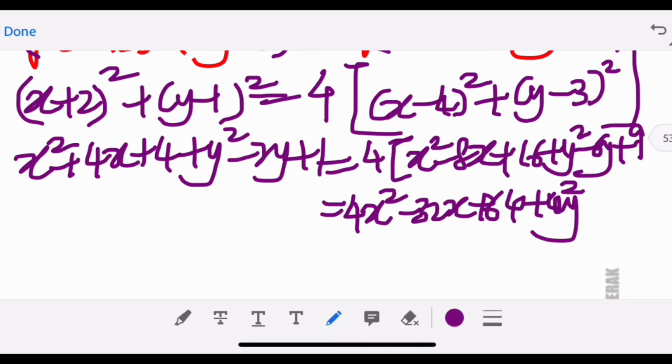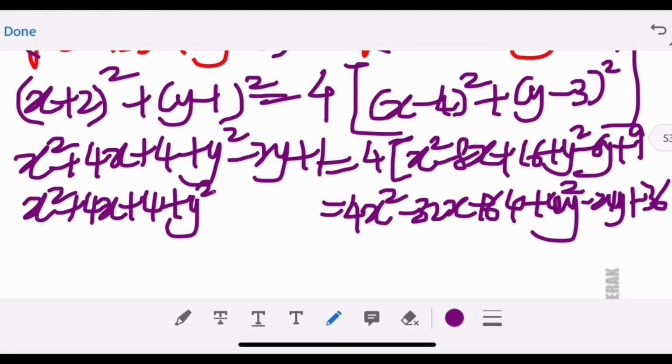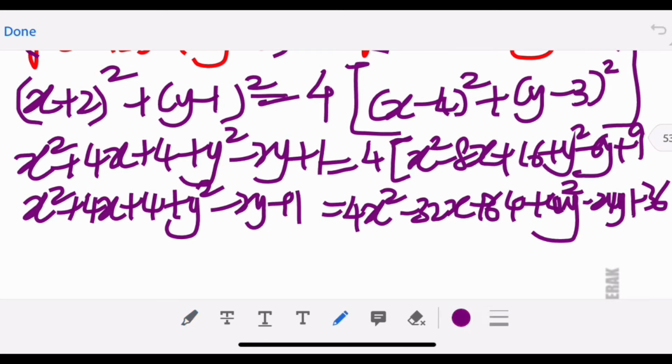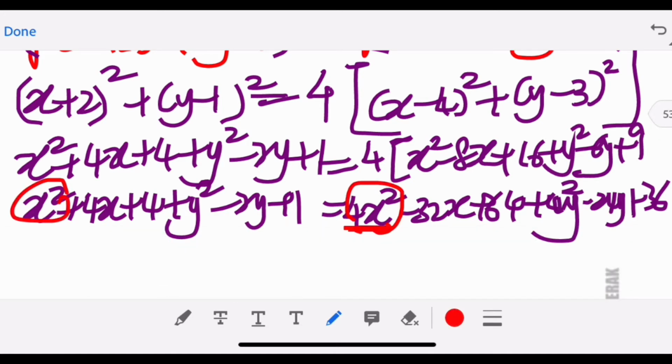Now we will simplify to the simplest form. Let me circle the right terms, so we shift everything to the right.